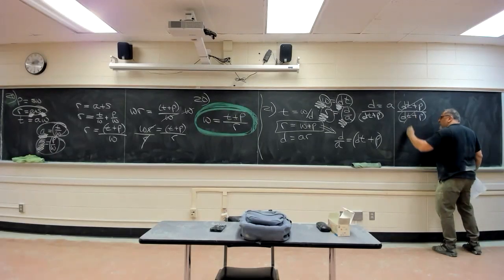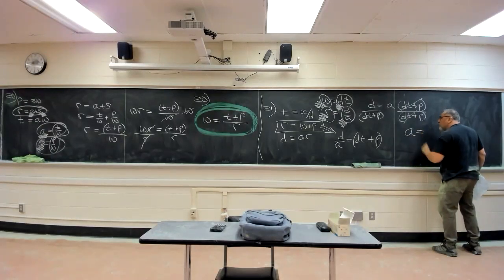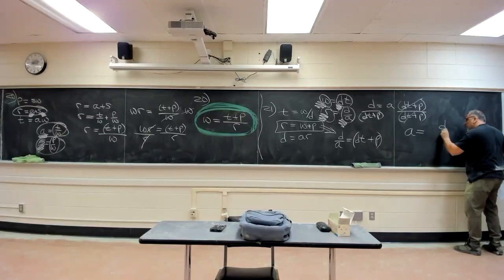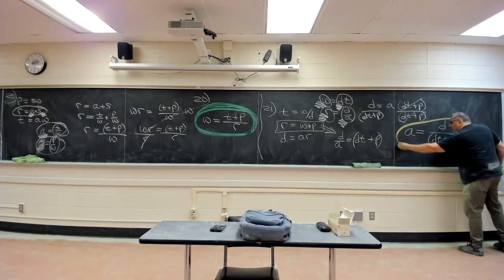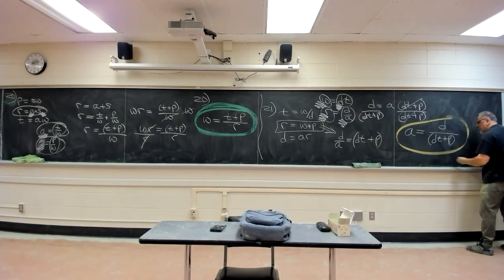When you do that, they're gone. You got A left over here, which is what you wanted. A equals D over the quantity DT plus P.